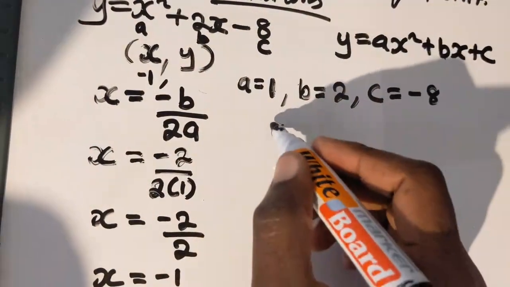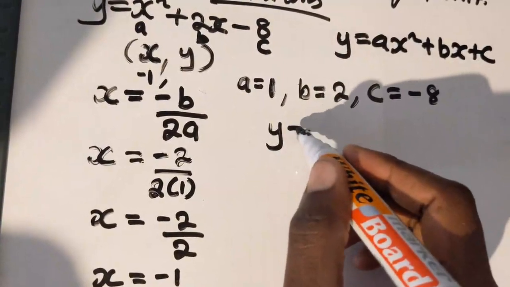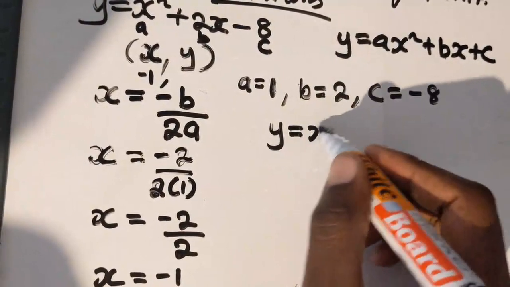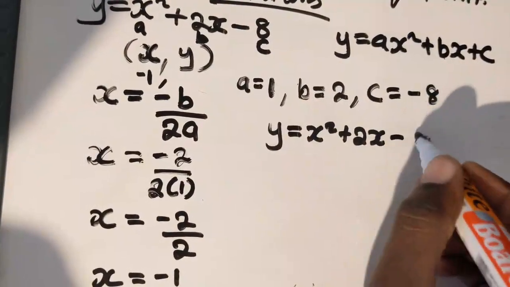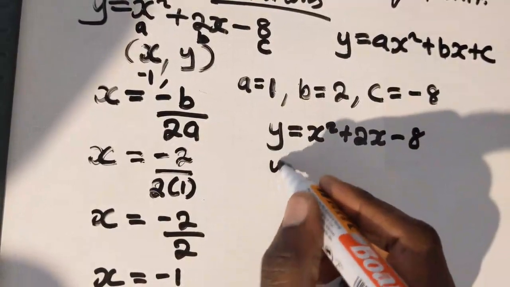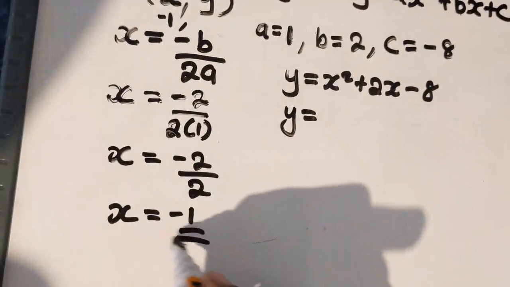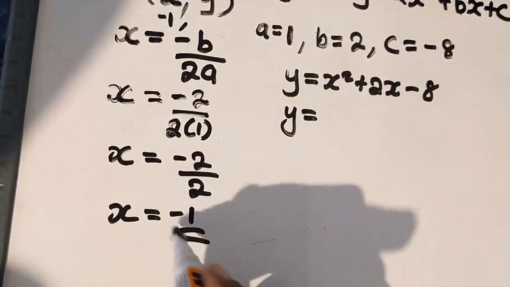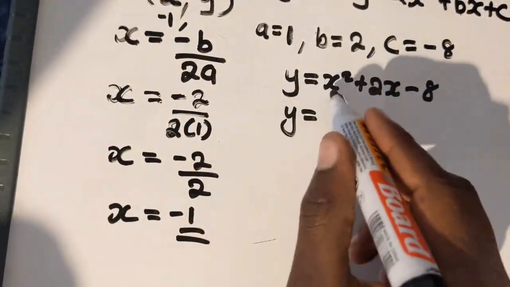So the equation is y is equal to x squared plus 2x minus 8. You have found that the value of x is negative 1, so you put this negative 1 into the equation.